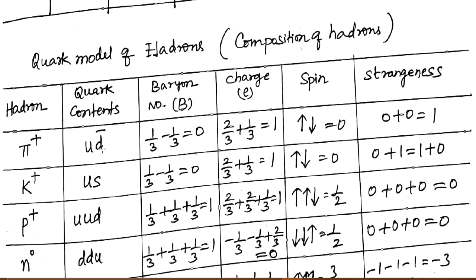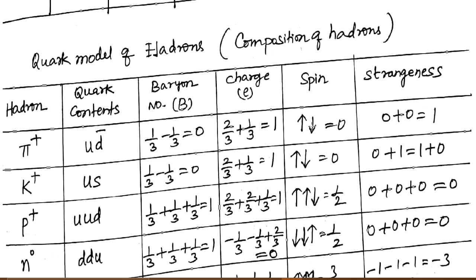That means 1 up quark and 1 anti-down quark combined with each other form the pi plus particle. And baryon number is 0: 1 by 3 for U minus 1 by 3 for D complement, the total is 0. And charge is 2 by 3 plus 1 by 3, so the charge quantum number is plus 1.